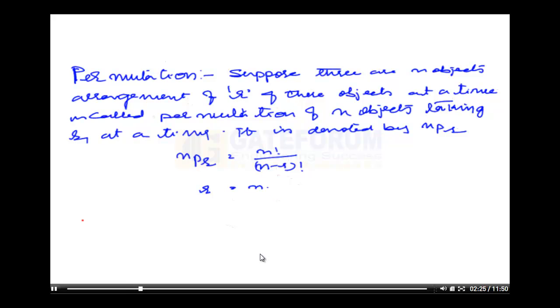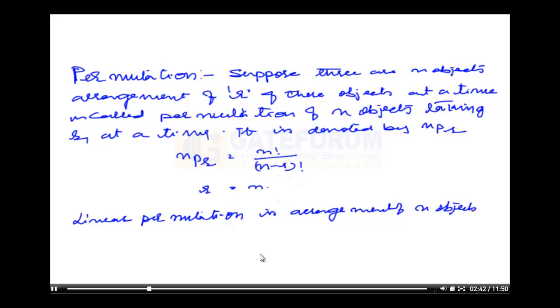So linear permutation is arrangement of n objects taking all at a time in a row.